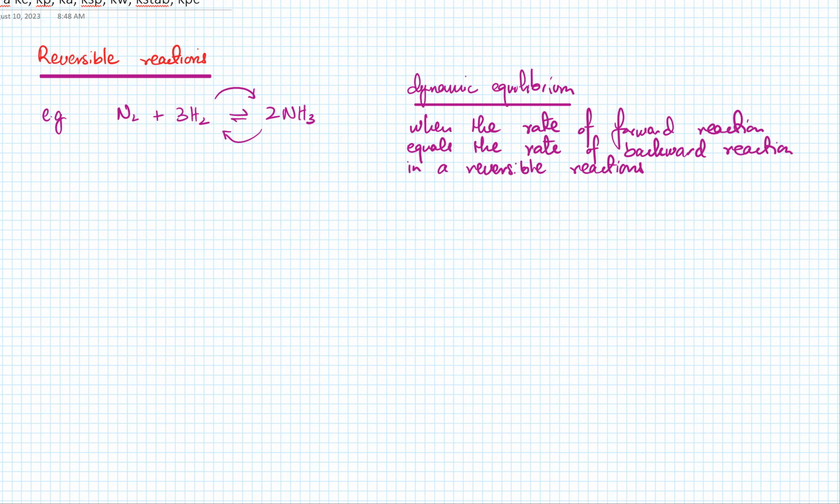So that means when you've reached a dynamic equilibrium, the concentration of the reactants and products stops changing, even though the reaction is going on. Okay, and your products stop changing when you've reached a dynamic equilibrium.